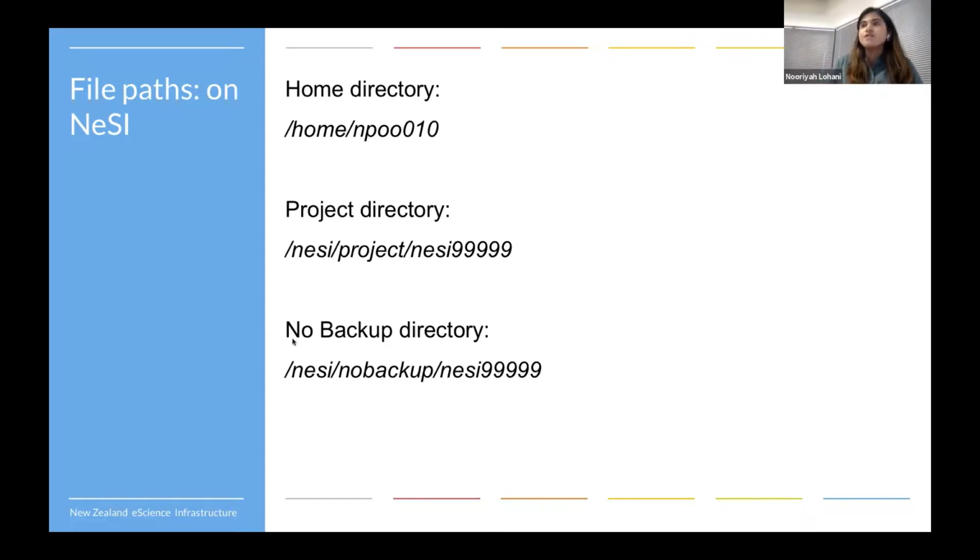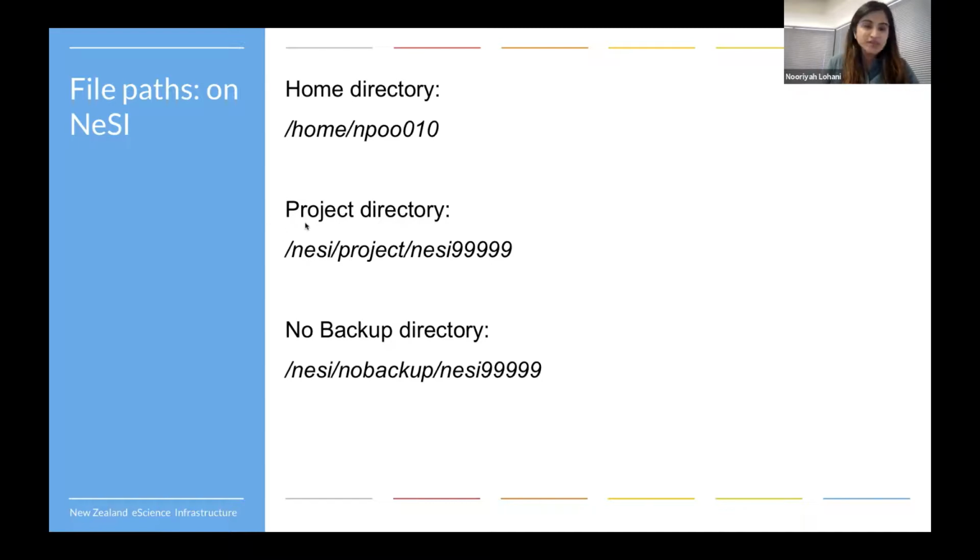Then there's something called a no backup directory on Nessie, and to navigate into it, you would change directories into Nessie, no backup, and once again, your project ID. I'll just quickly go through the differences between these two directories.